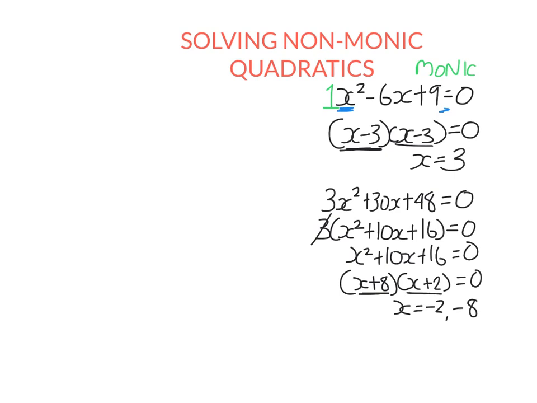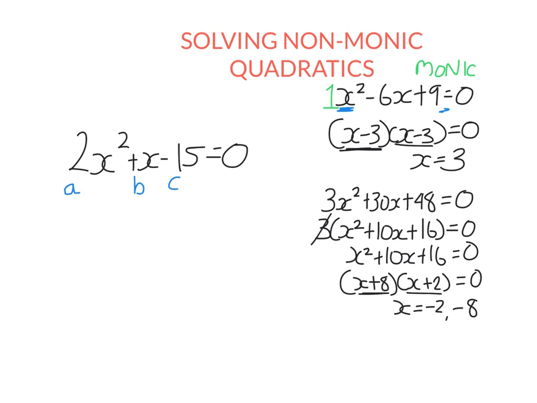So that's all well and good, but what about when we can't do this? This example here, 2x squared plus x minus 15 equals 0. So for simplicity, we're going to call a the number in front of x squared, b the coefficient of x, and c is going to be the constant term.